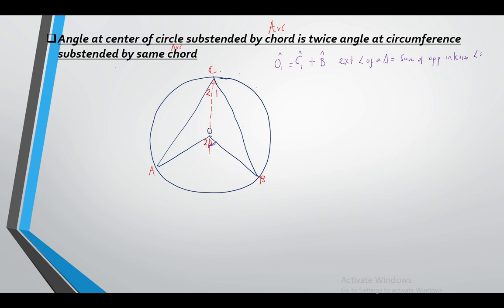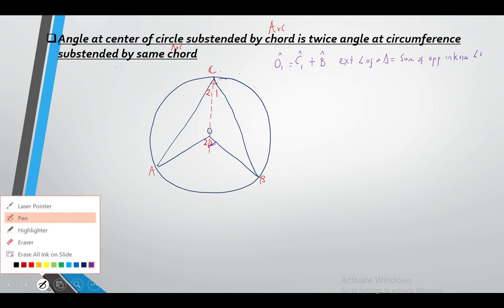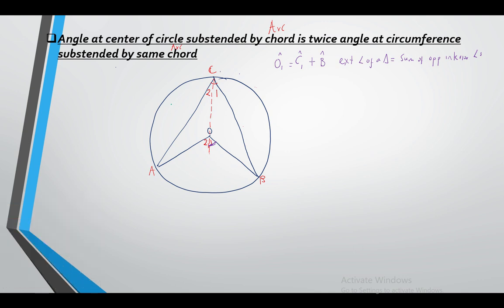The angle outside, in this case O1, is the exterior angle of which triangle? It is the exterior angle of triangle COB.